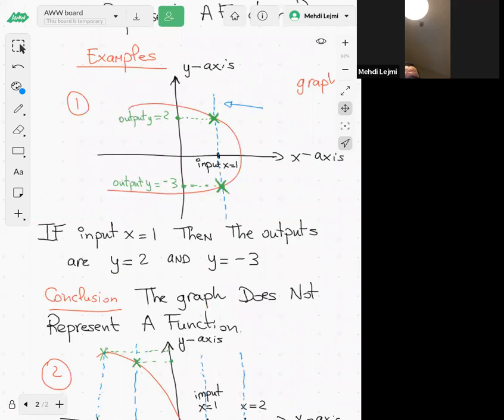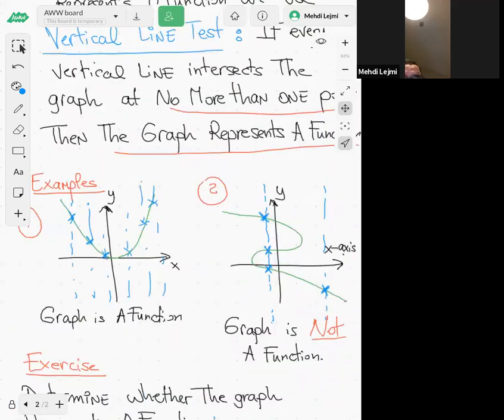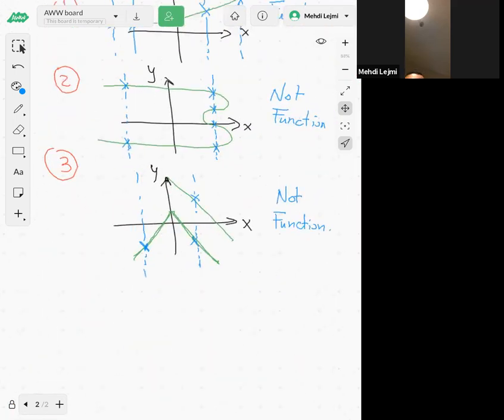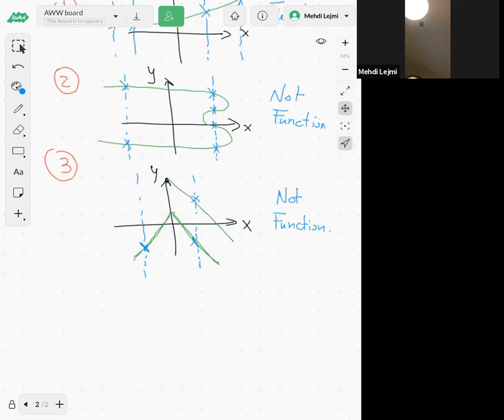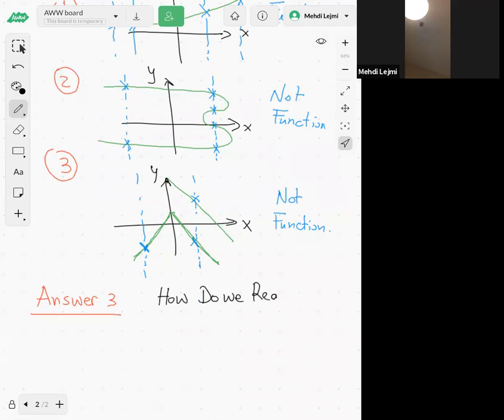It means, if your graph represents a function, how can we find the outputs y? So, the answer to question number 3: how do we read graphs of functions?